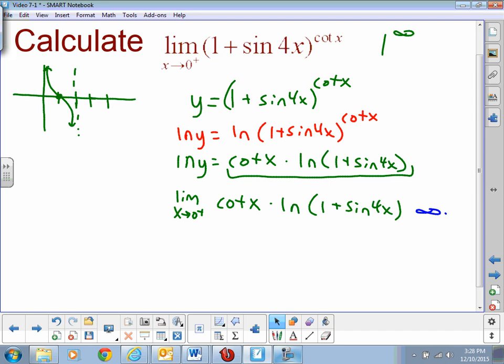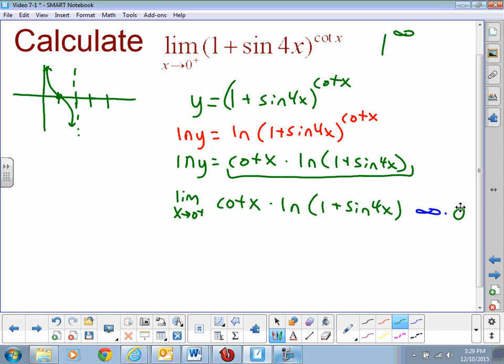The other one went to 1, but it's now a natural log of 1. And as natural log goes towards 1, we will be getting close to 0. So we've got an infinity times 0 case.